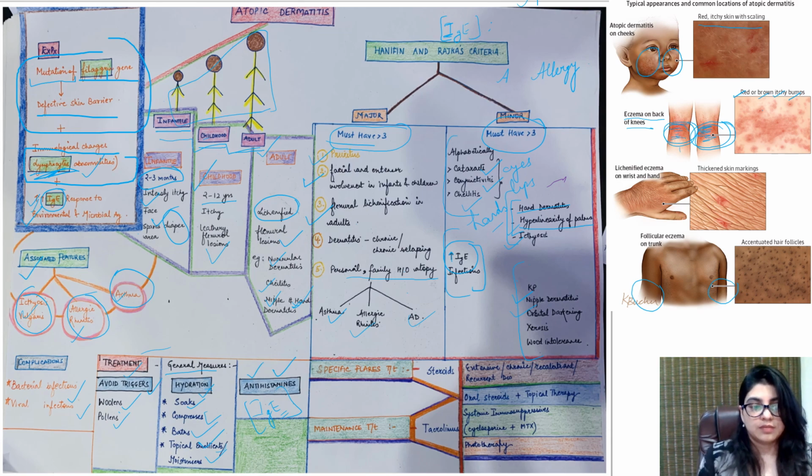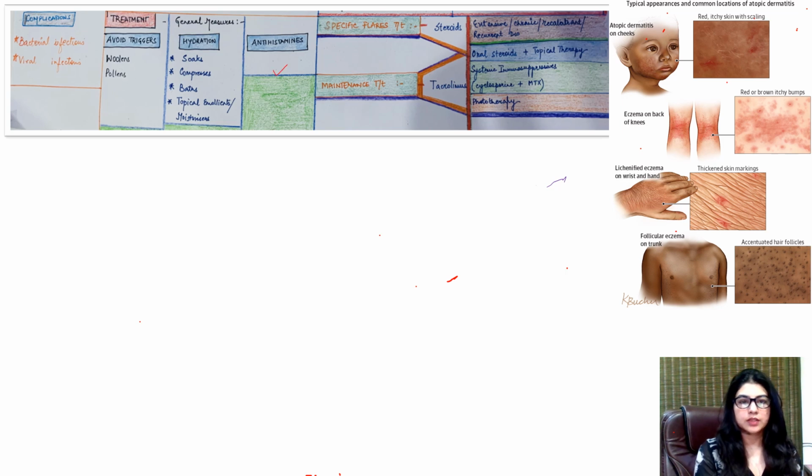Specific flares. We were talking about the treatment part. We have discussed trigger avoiding, hydration, antihistamines. Now when there is an acute specific flare, what happens then? Steroids, very important. Steroids are very important that way.